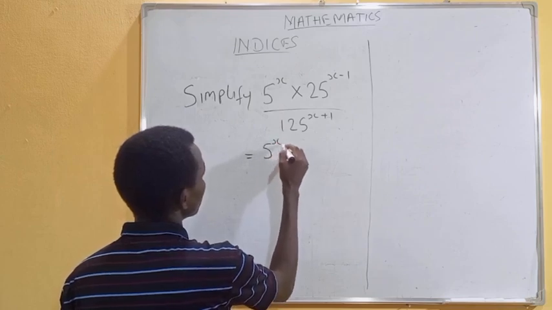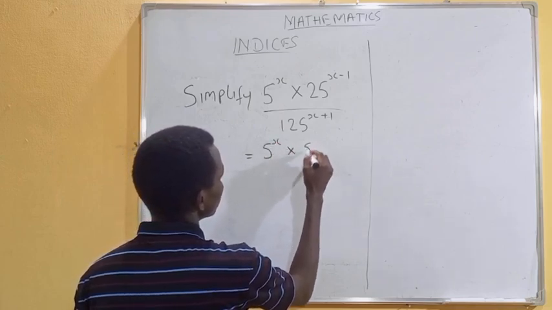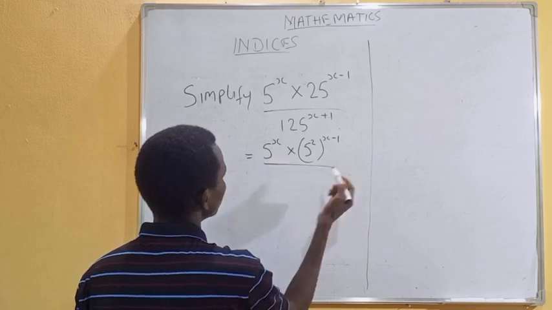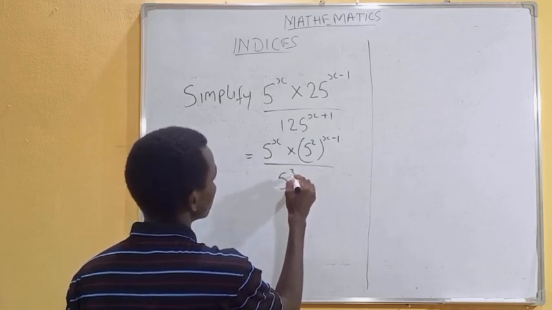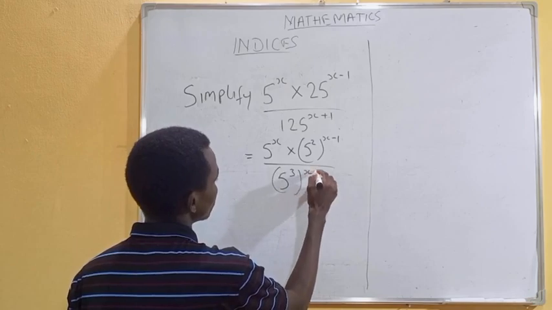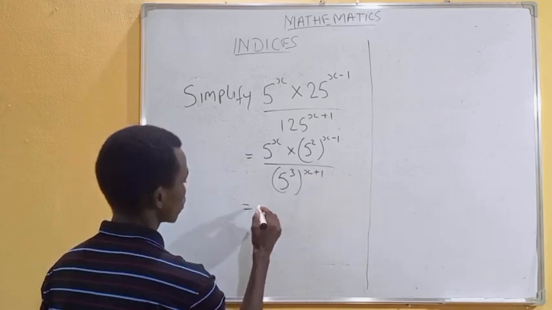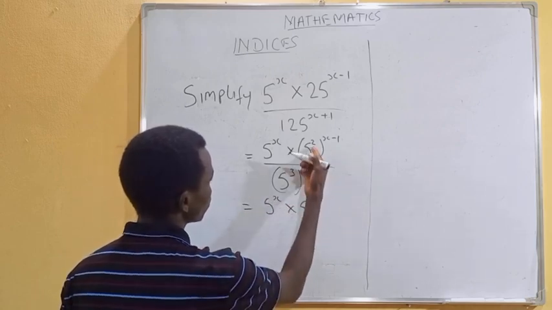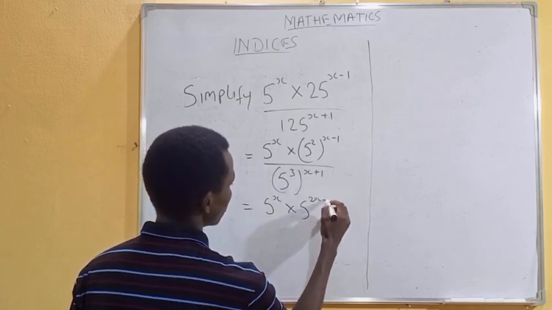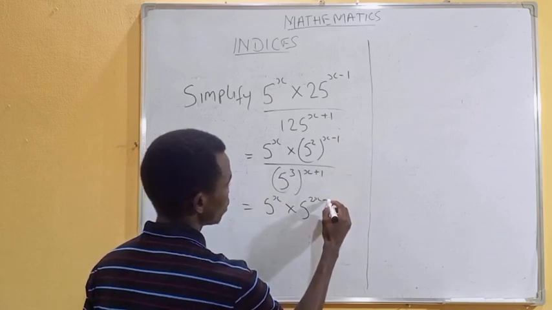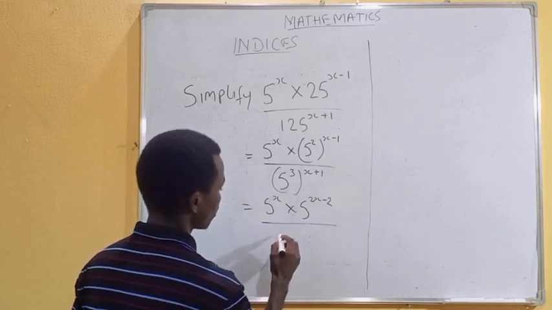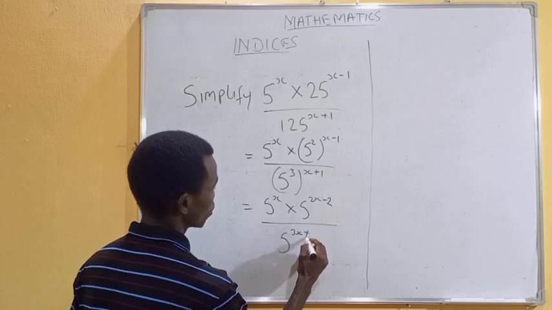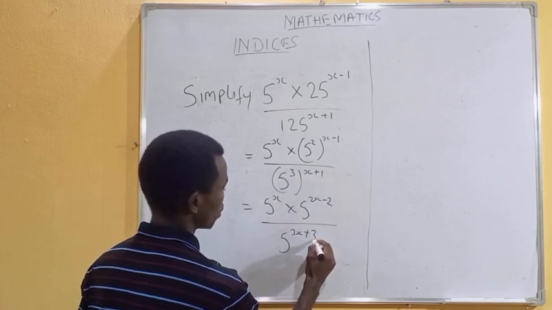5 raised to power s times 5 raised to power 2 all raised to power s minus 1, over 5 raised to power 3 all raised to power s plus 1. So the question will now be 5 raised to power s times 5 raised to power 2 times 2s minus 2 times minus 1, which is 2s minus 2, divided by 5 raised to power 3 times s plus 3 times 1, which is 3s plus 3.